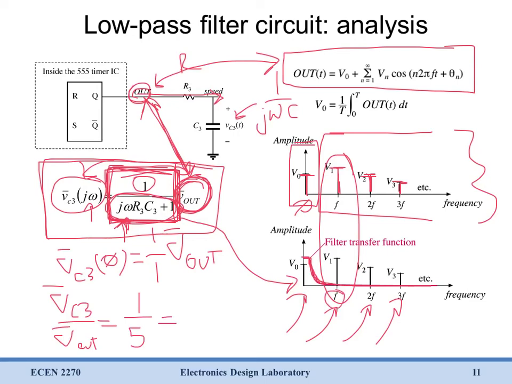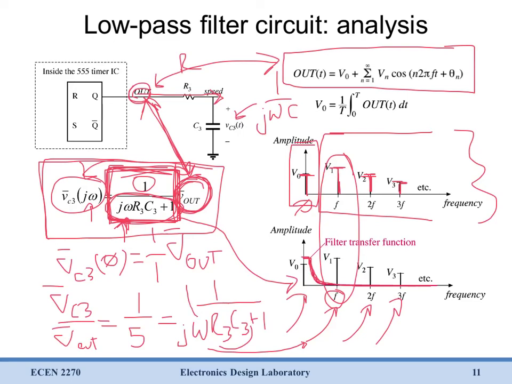And so you're going to get 1 over 5 equals 1 over (J omega R3C3 plus 1). Here omega is that first frequency, so that's going to depend on what the encoder frequency is. And you'll simply solve this for R3C3 because those are our only unknowns.